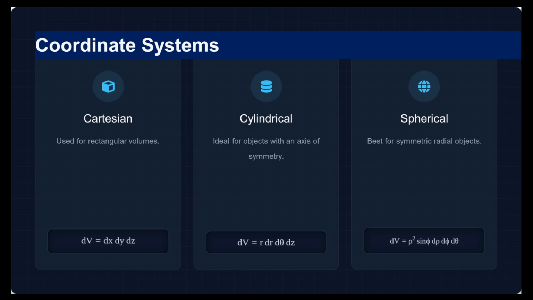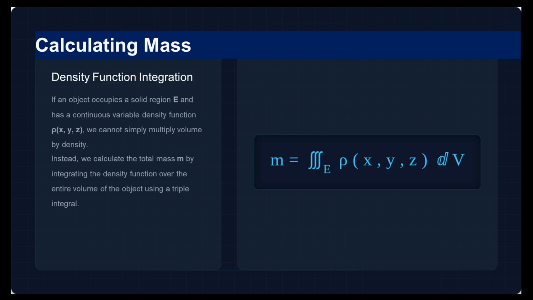In the next slide, calculating mass. Now let's move to an important application of triple integrals, which is calculating mass. Suppose an object occupies a solid region called E and the density is not constant throughout the object. If the density is constant, then finding mass is very simple. We can just use mass equals density times volume. But in real life, density often changes from one point to another.